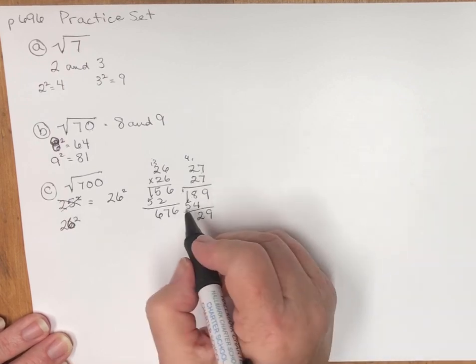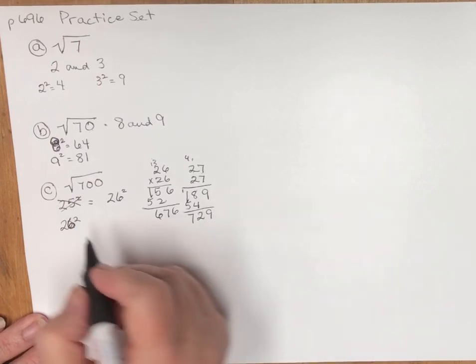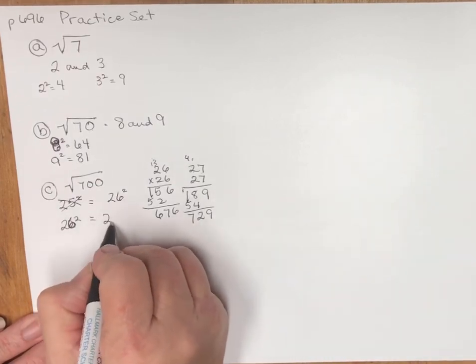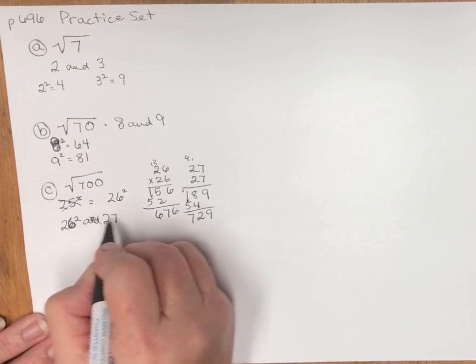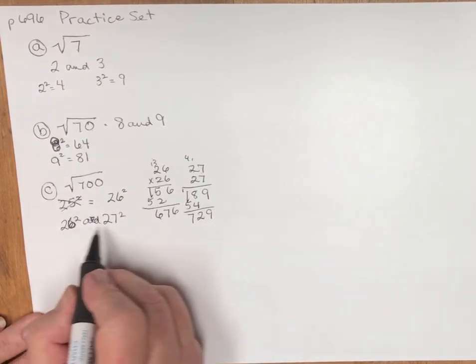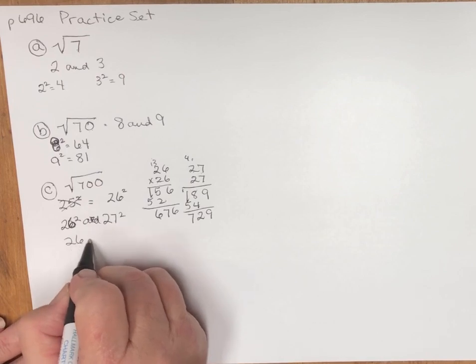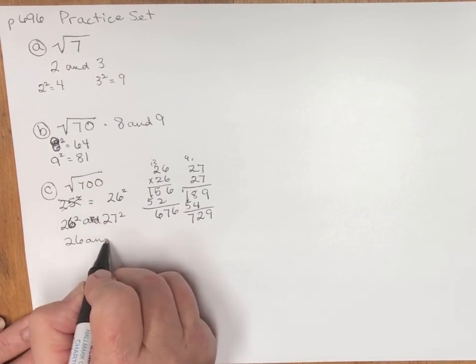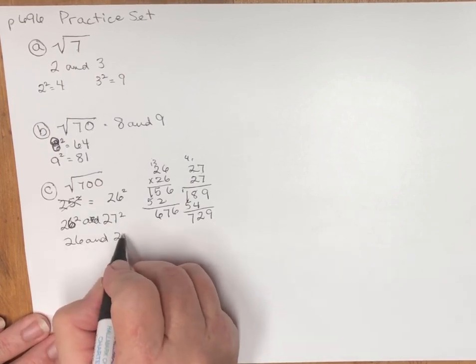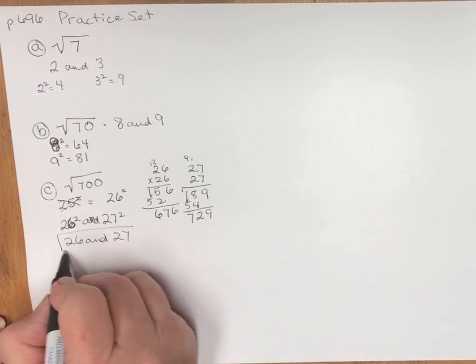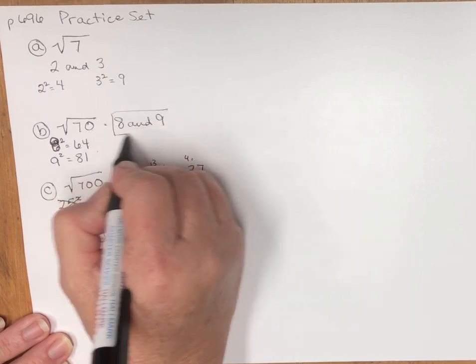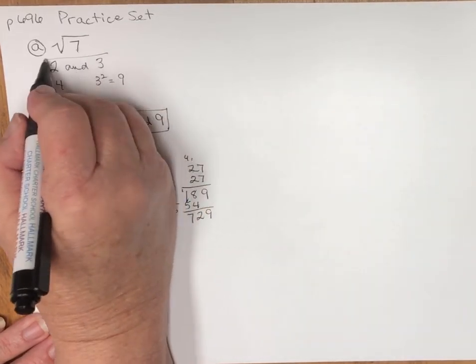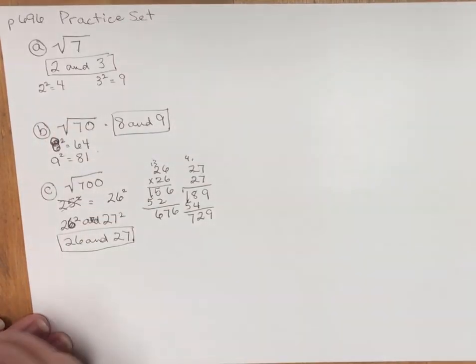Carry my 1. 5, 6, 7. 729. So we will find our number between 26 and 27. That's going to be our answer for C. This was our answer for B. This was our answer for A.